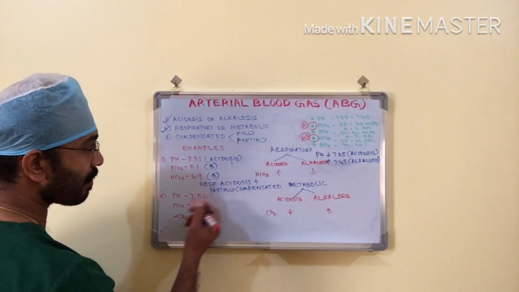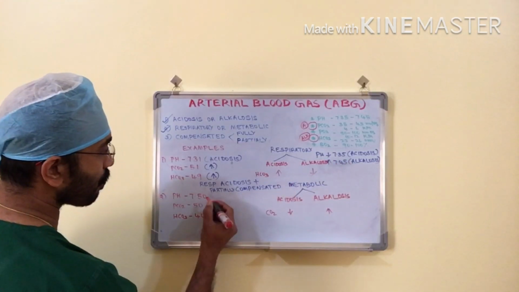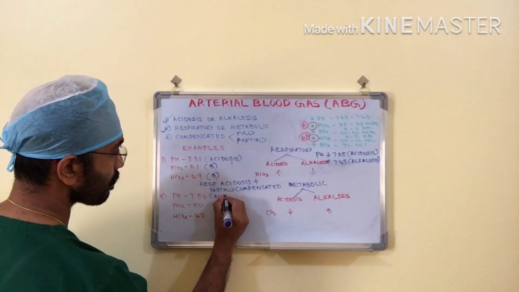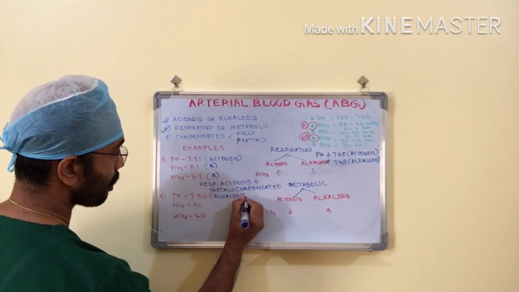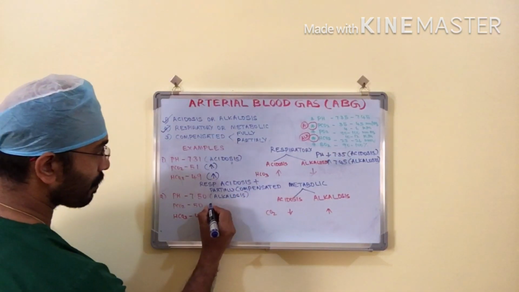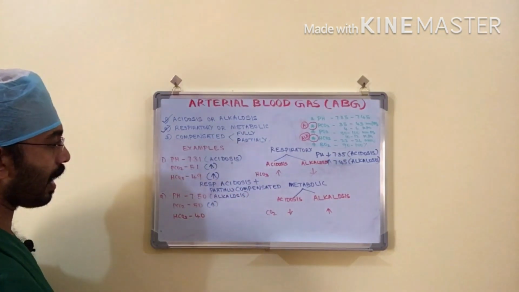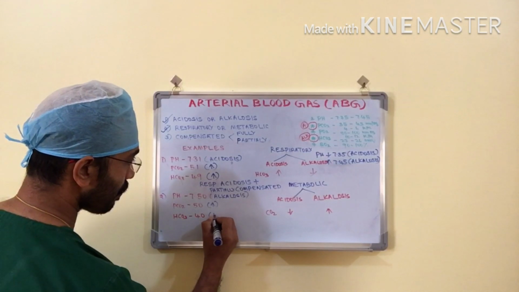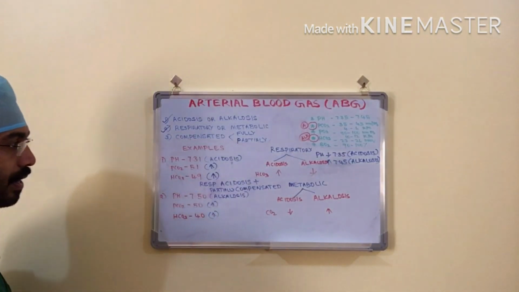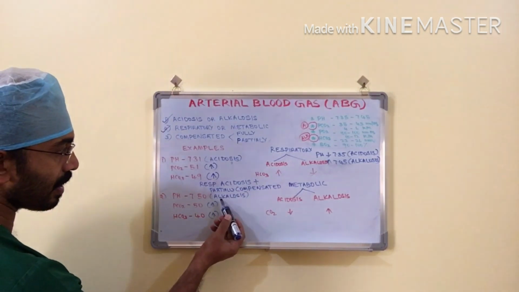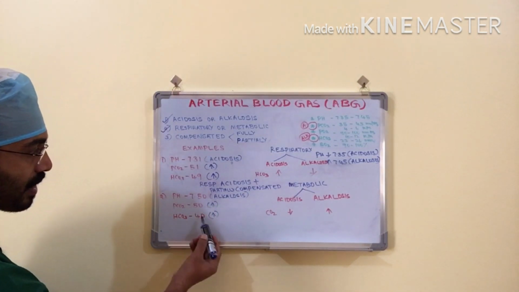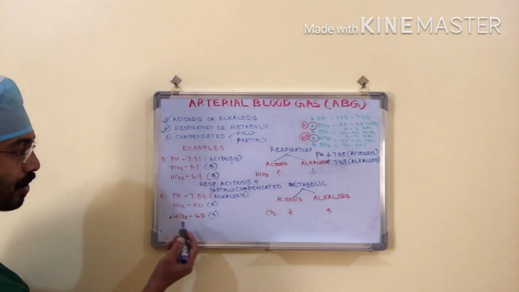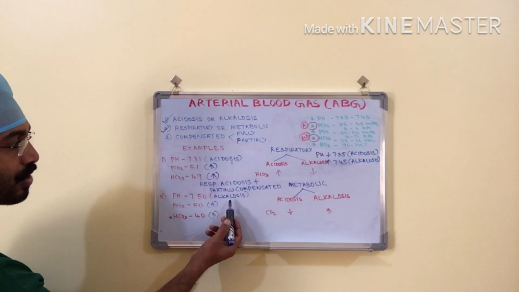The pH is 7.50, it is more than 7.45, it is alkalosis. The PCO2 is 50, it is more, and the bicarb is 40, normal is 22 to 26, it is more. Here we have already diagnosed it is alkalosis, whether it is respiratory or metabolic. We need to check the bicarb, which is an alkaline. Because of this bicarb, the body pH went to alkalosis.